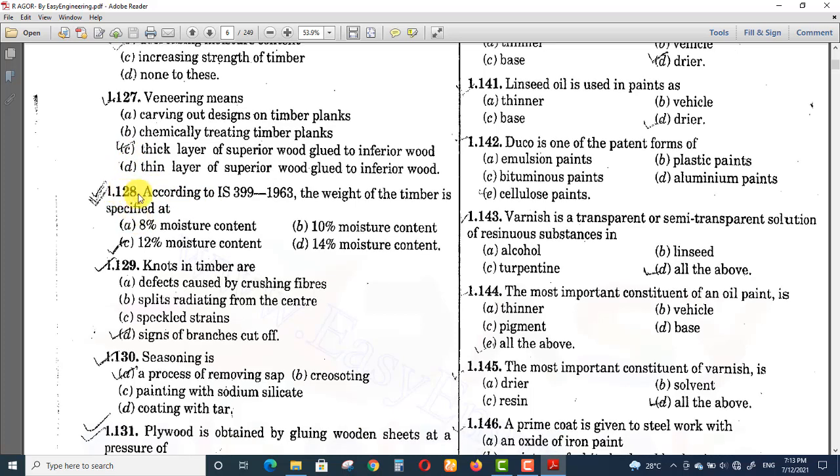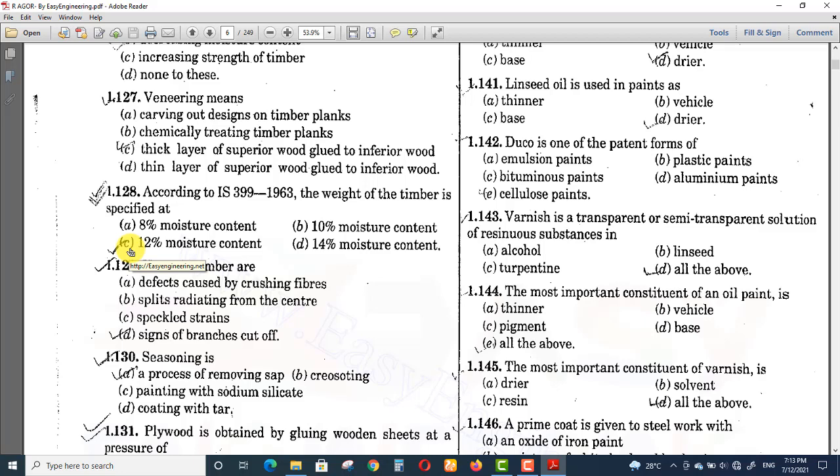Next question is 128. According to IS 399 1963, the weight of timber is specified at, like we have already said, whenever you cut a fresh tree, it has 100% moisture, right? And then when you do the seasoning of that timber, you get the moisture content reduced to 10 to 12%, right? When you do the proper seasoning.